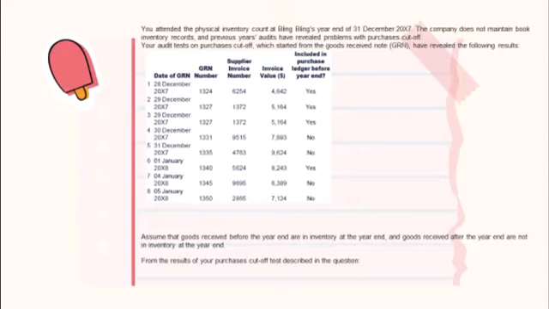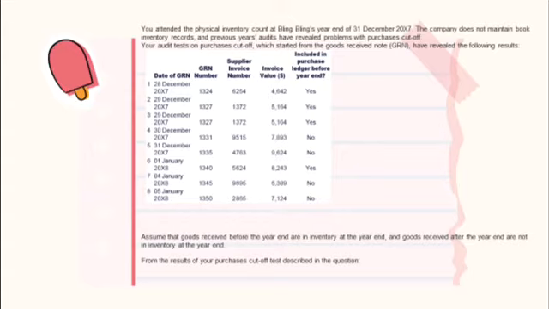Okay, so the question goes like this: you attended the physical inventory count at Bling at year end, 31st December 2007. The company does not maintain book inventory records, and previous years' audits have revealed problems with the purchases cut-off. Your audit test on purchases cut-off, which started from the goods received note (GRN), has revealed the following results.